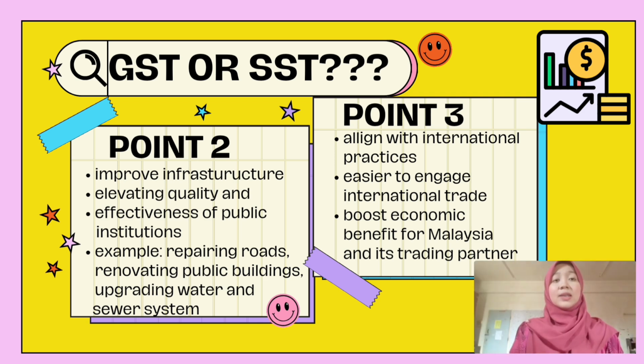My last point is that when Malaysia applies GST for tax revenue, it will align with international practices, as many countries use VAT or GST systems. This harmonization can make it easier for Malaysian businesses to engage in international trade. This is because the impact of COVID-19 is still there. Travel restrictions, supply chain disruption, and consumer behavior change have all impacted trade flows.